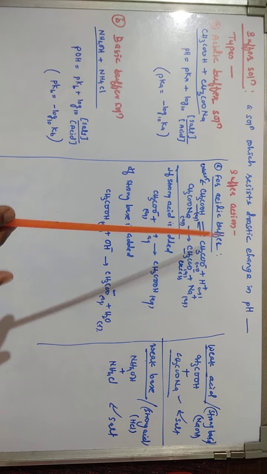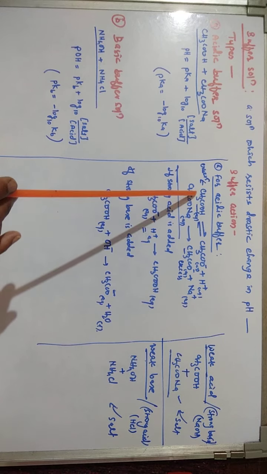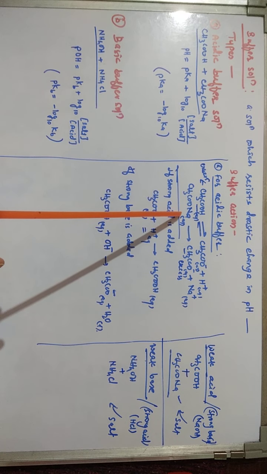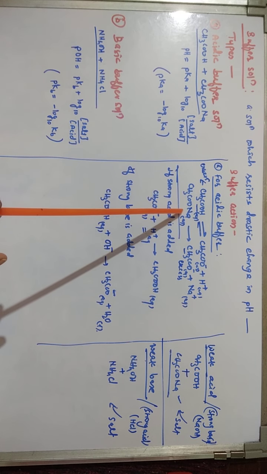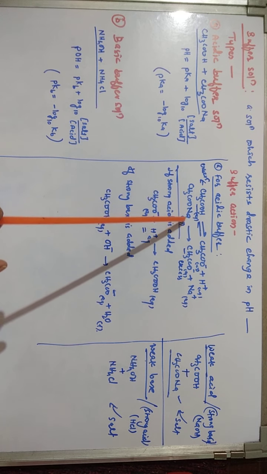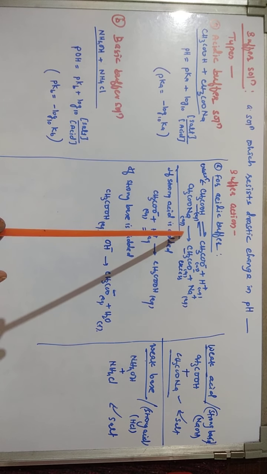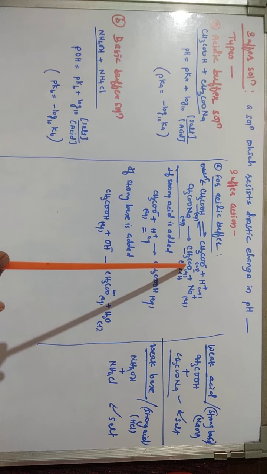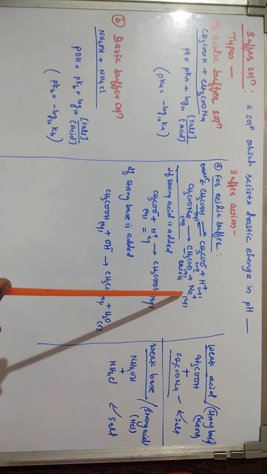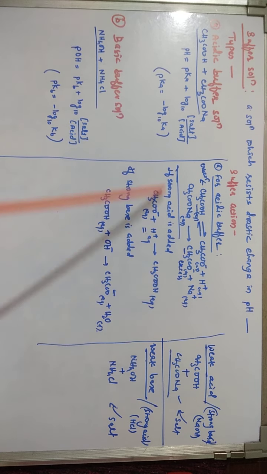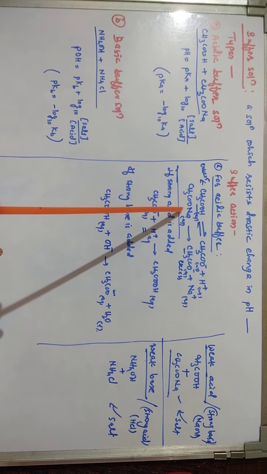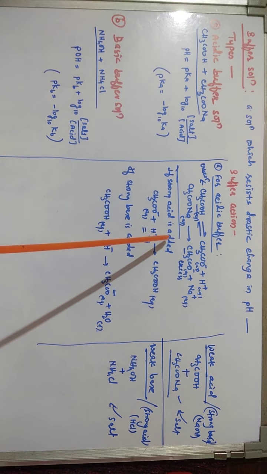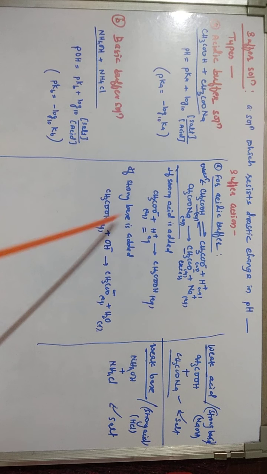But it also contains the salt CH3COONa, the salt of a weak acid and strong base. Being a salt, it dissociates completely to give a large excess of CH3COO minus and Na plus. Now, how does it resist change against the addition of strong acid as well as strong base?